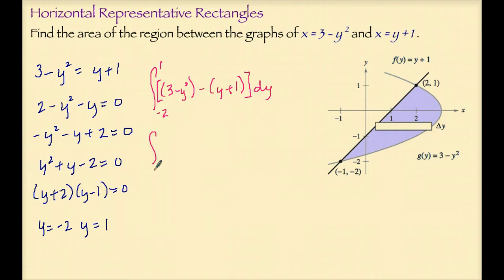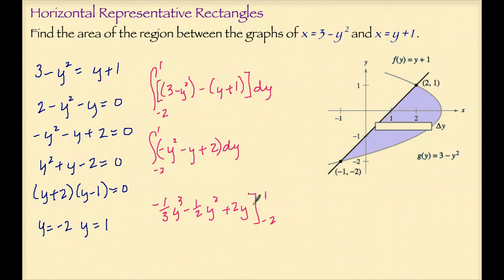Let's simplify our integrand. From -2 to 1, we have negative y squared, and then this will be minus y, and 3 minus 1 will be plus 2 dy. -1/3 y cubed minus 1/2 y squared plus 2y, and we'll be integrating from -2 to 1.